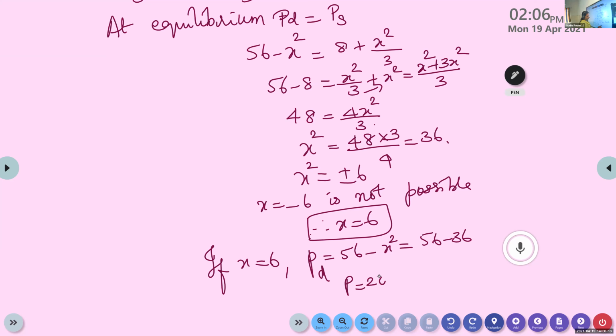It is 20, isn't it? So P naught is 20. Once you get P naught, can you find out CS and PS, consumer surplus and producer surplus?